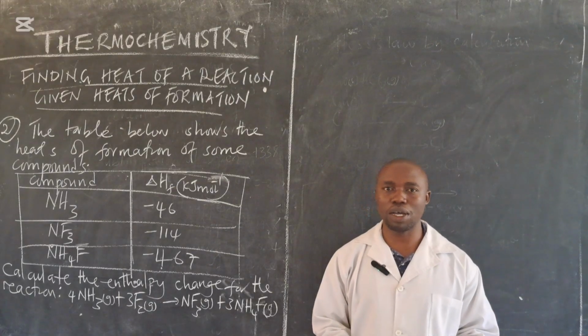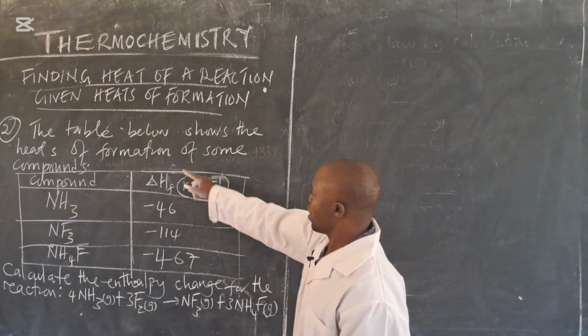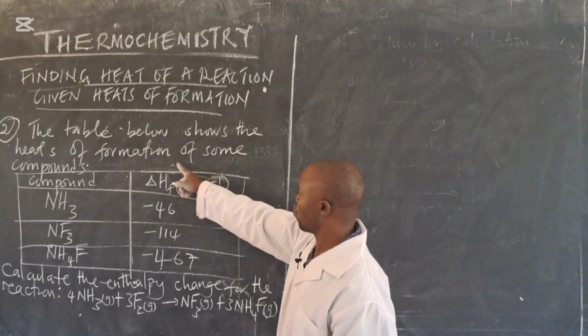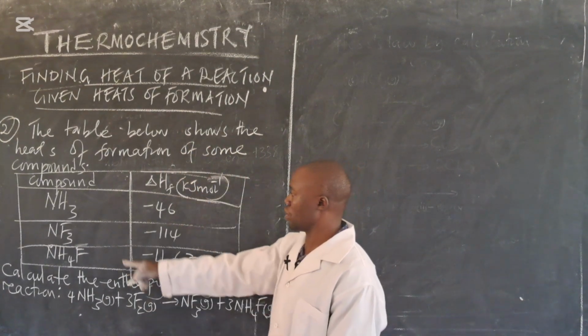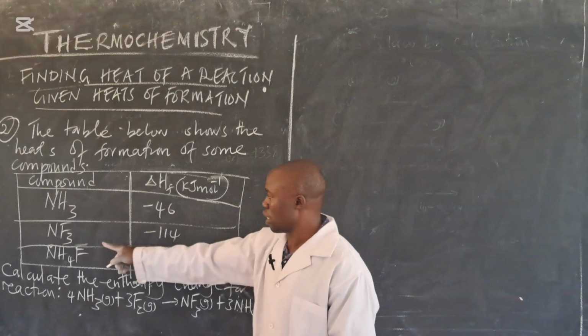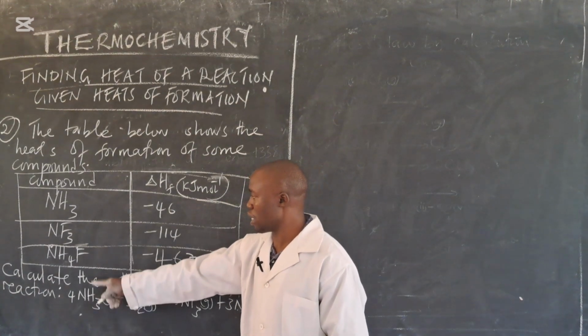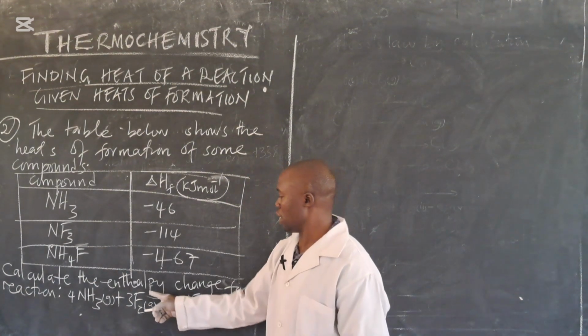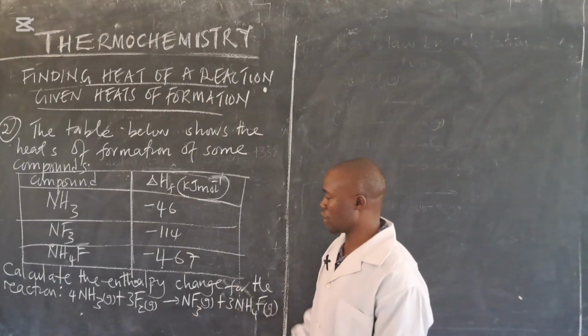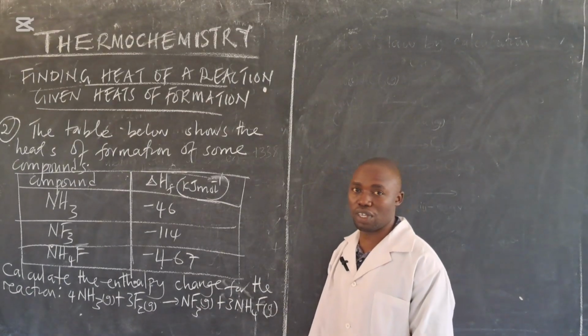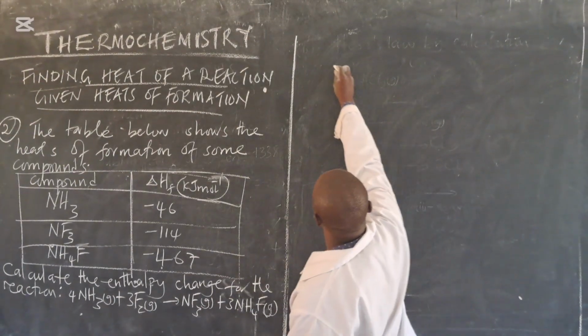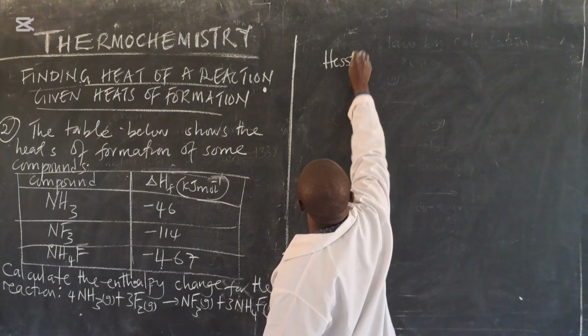Let us look at example 2. The table below shows the heats of formation of some compounds: ammonia, nitrogen trifluoride, and ammonium fluoride. Calculate the enthalpy change for this reaction. So let's first use Hess's law by calculation.